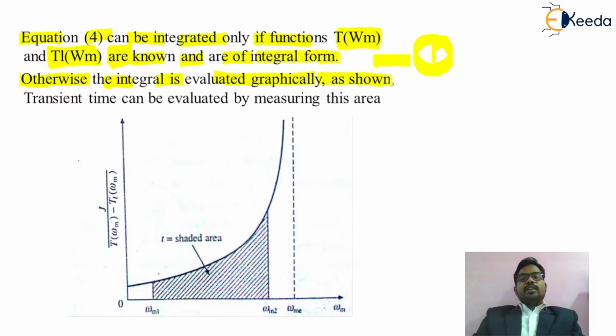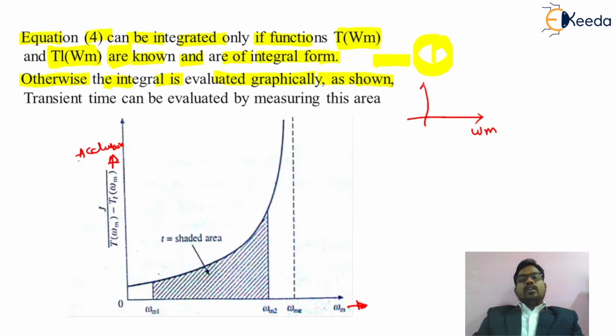So in the graphical method, we take the basic term called the acceleration term, which will be plotted on the y-axis. On the x-axis, we plot the speed, that is omega m.